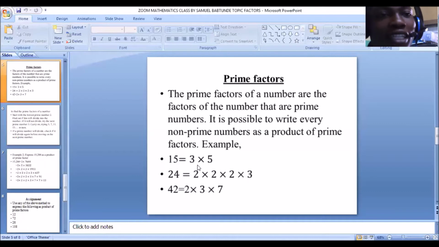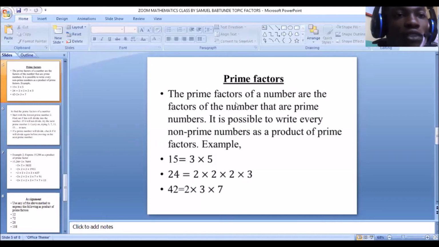The prime numbers in the factors of 24 are 2 and 3, because it's only 2 and 3 that are divisible by only itself and 1. 4 is a factor of 24, but not a prime factor, because 4 can be divided by 1, by 2, and by itself, 4. So it has 3 factors, and automatically 4 is not a prime number. 6 can be divided by 1, 2, 3, and 6 itself. So it's not a prime factor, but it's still a factor of 24.